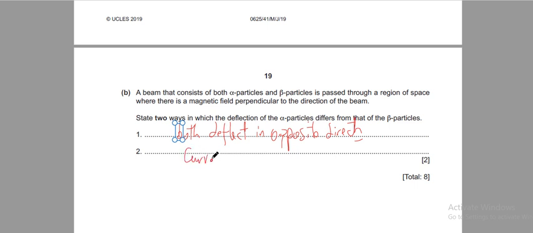The curve of deflection is greater for beta than alpha, because alpha is more massive, so the force applied on it gives it less acceleration or less change in direction than beta, which has the lower mass, so has a greater acceleration and greater change in direction, or greater curvature of deflection.